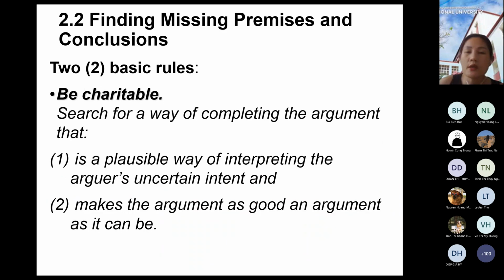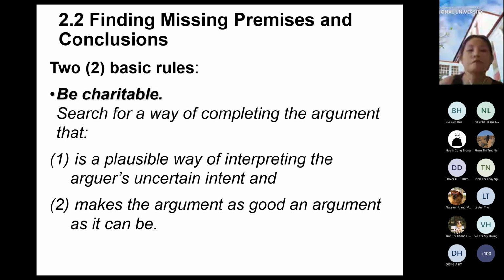I told you guys already, the principle of charity is applied when things are unclear. So here we apply the principle of charity because this is very helpful for us to interpret the intentions of the arguer. And we will try to make the arguments as good as they could be.